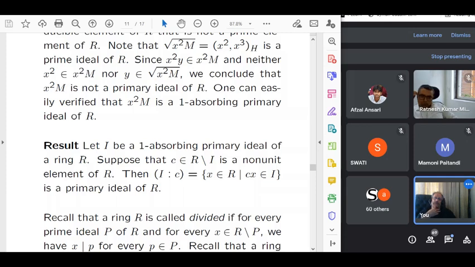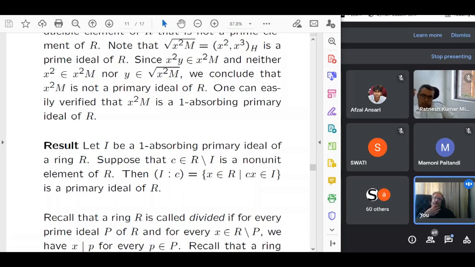Here, in fact, I gave the definition. It's the set of all the elements x in R where cx is in I. Of course, we know this is an ideal, but this ideal will be primary.